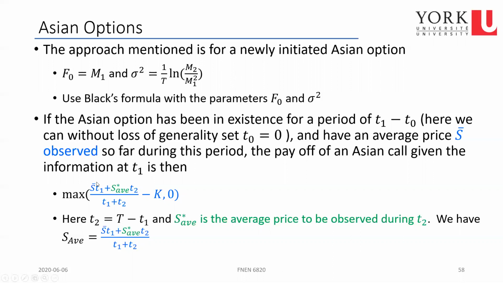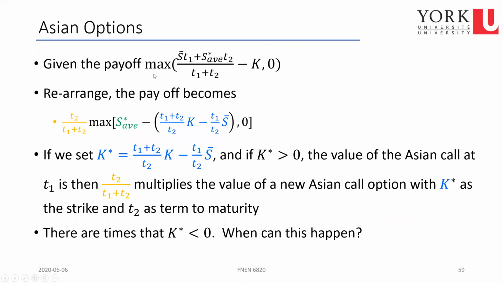But once you have rewritten it in this way, you will see that S average is equal to this. Once you've written out your payoff like this, you will find that the payoff can be rewritten as a weighted average of time, which is T2 divided by T1 plus T2, which is the entire 3 months.